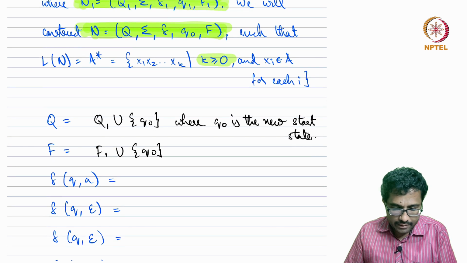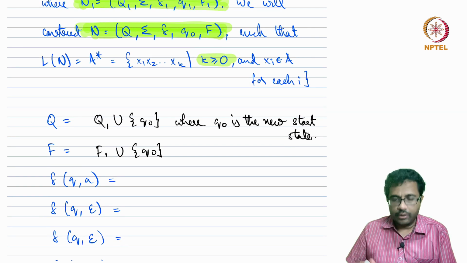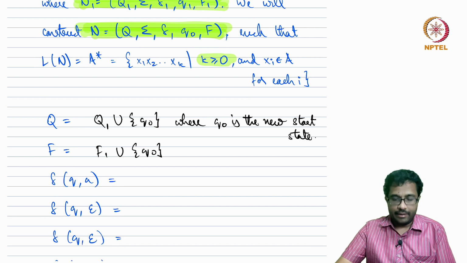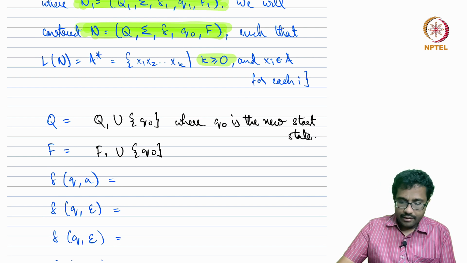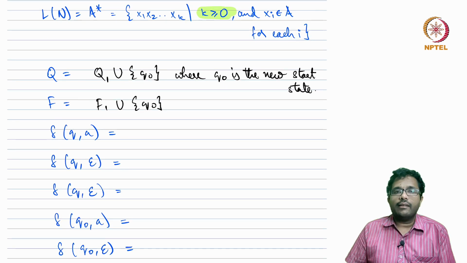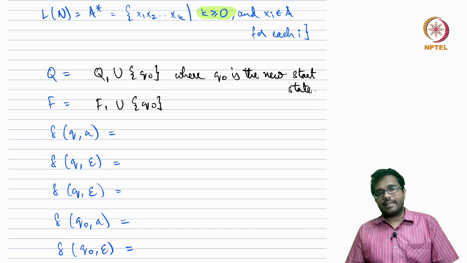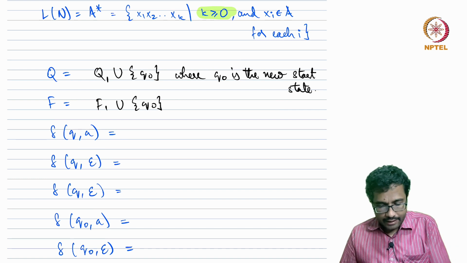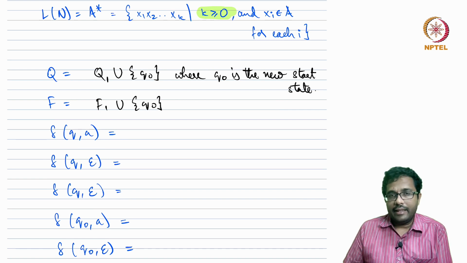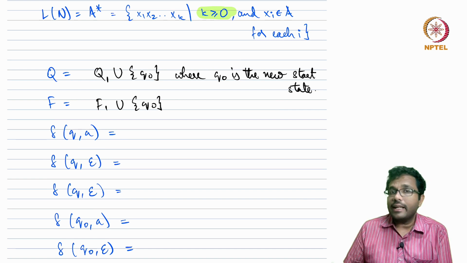So the sigma is the same, the start state is already done. The only thing that is remaining is the transition function. So now let us consider all the transitions, right? So what is delta in terms of the existing transition function? Let us first consider Q, A, the pair where Q is some state and A is some symbol which is not the empty string.